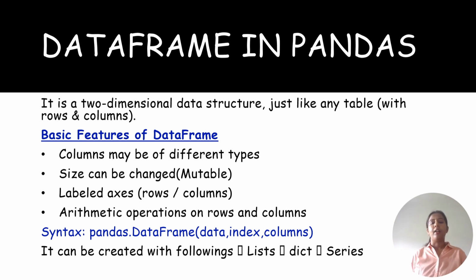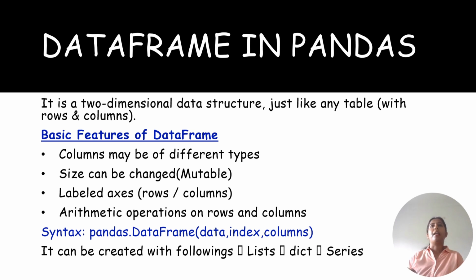Like if I have imported pandas, so we have to call it. Then I have called pandas. There is a particular function, that is DataFrame. We should call this after pandas. So we will write pandas.DataFrame. Within this function, we should mention data. Then we should mention index.